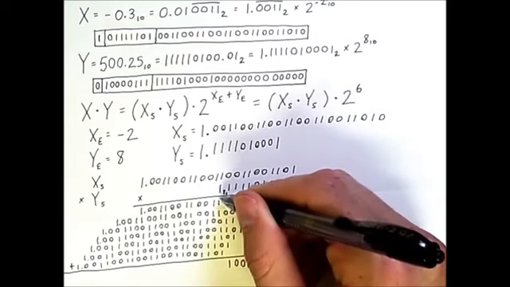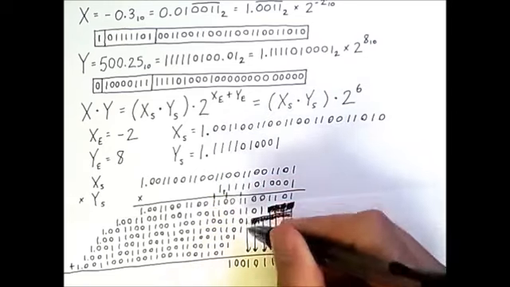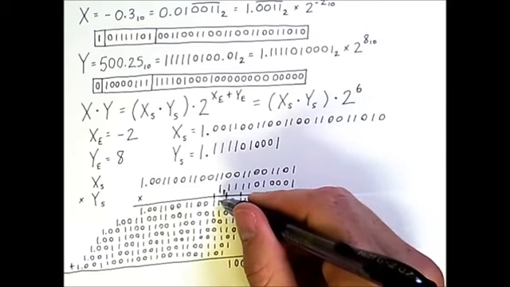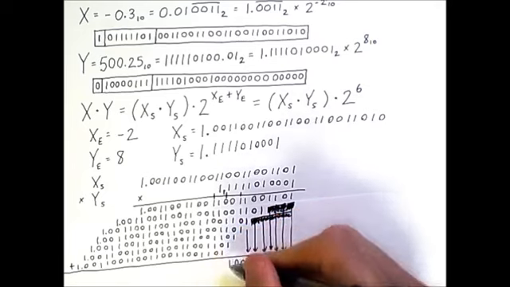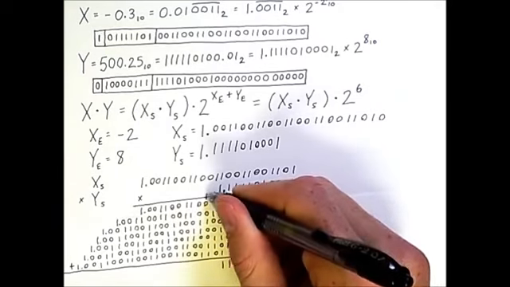The 0 adds nothing, but then 2 columns over we have a 1. So this is how larger numbers carry in binary. Here we add 1, 2, 3, 4, 5. So 1, 0, and then a 1 in the column over. So this is the result of the addition.